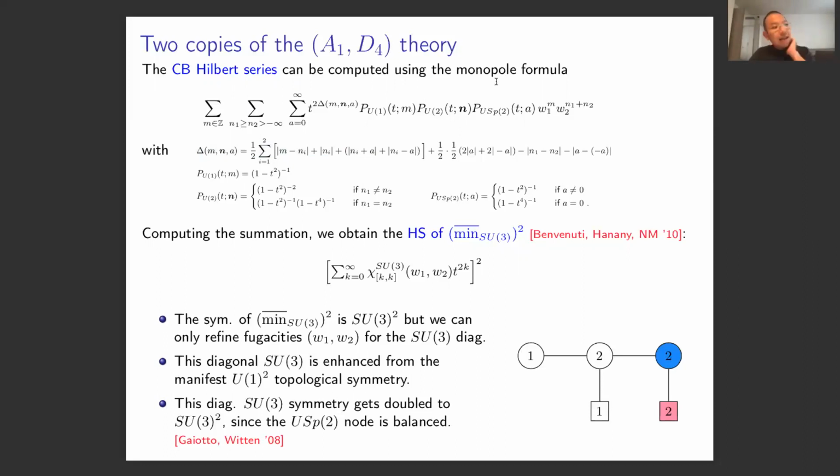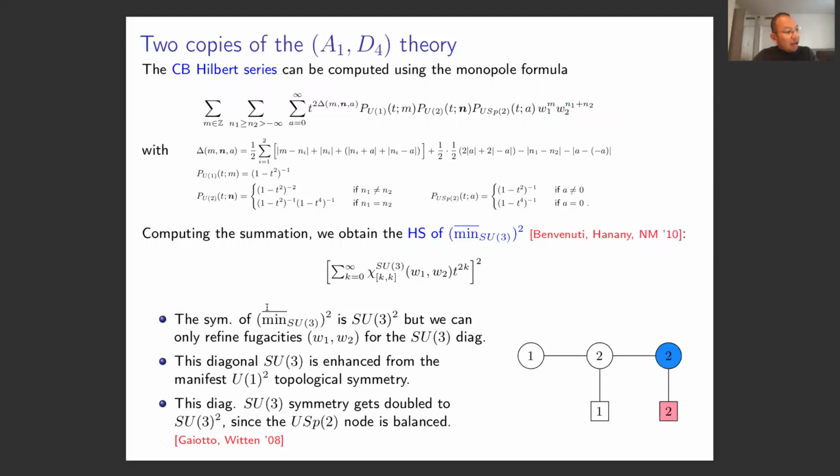Now, let me emphasize the feature of this formula: you have two fugacities that you can turn on, the topological fugacity associated with this node and then with this node. So you see that even from the Hilbert series or index, the fugacities that you can turn on are this part and this part. And if you compute this summation, you obtain the Hilbert series of the minimal nilpotent orbit squared of SU(3), okay? However, there are some subtleties here.